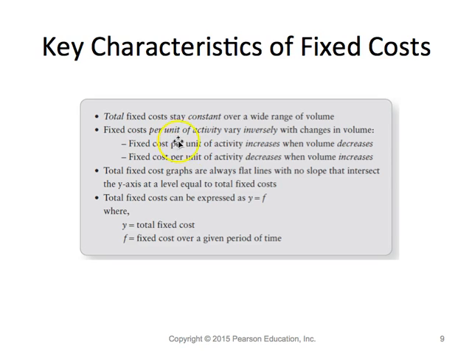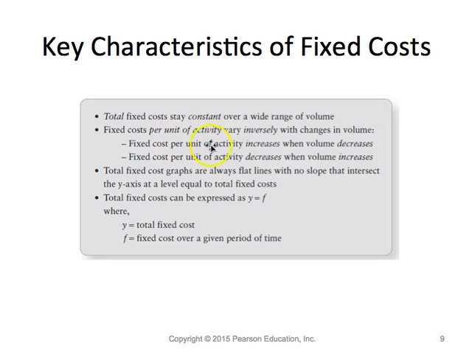So as volume goes from 5,000 to 10,000, fixed cost per unit drops from 20 cents to 10 cents. That's an inverse change: fixed cost per unit changes inversely with volume.